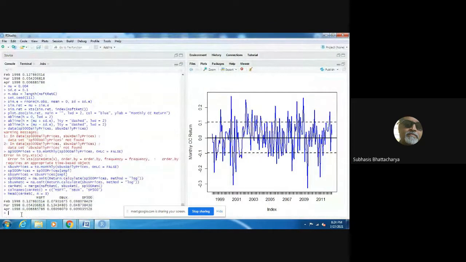So the three data sets are prepared, and we consider 1998 February, March, and April, Microsoft, Starbucks, and SP500. Three returns are estimated. These are the values.